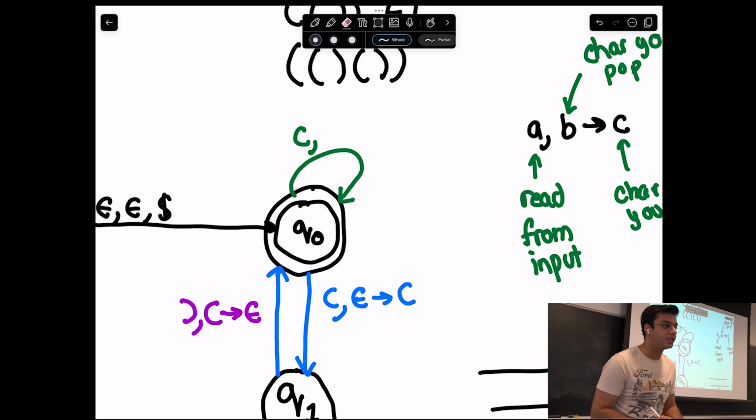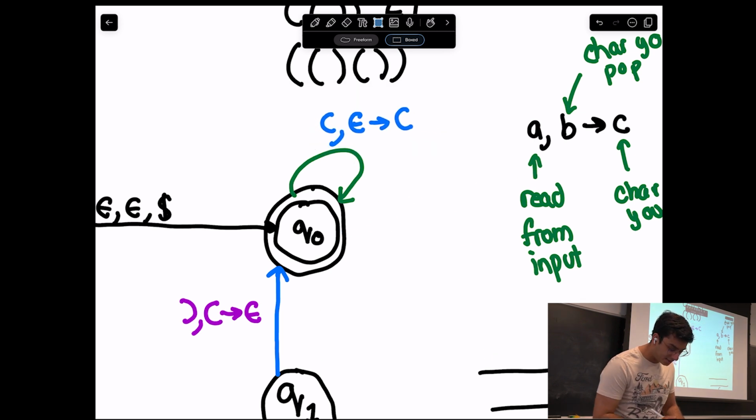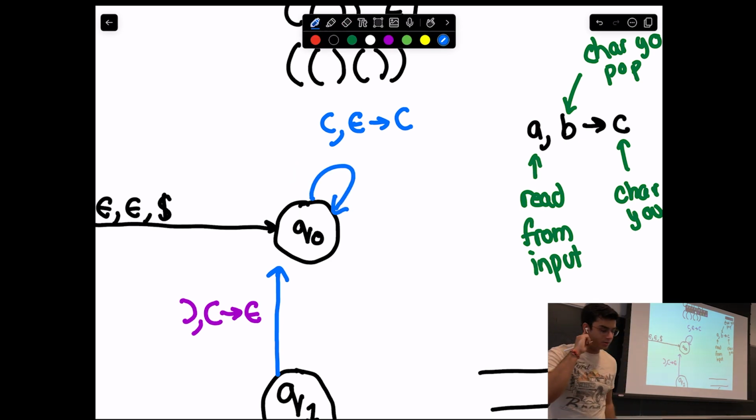So erase it here. And should I erase this as an accepting state? Yeah. Great, so I've moved this transition over. Then what do we want to do?